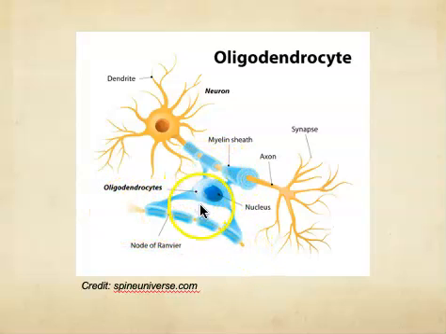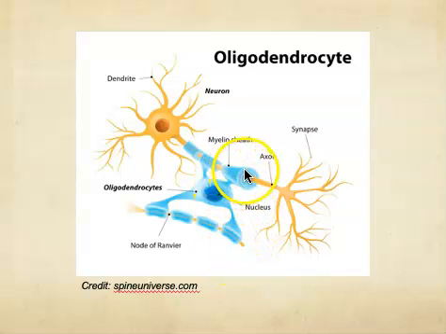The oligodendrocyte, remember, is not a neuron. It is a glial cell. And like the Schwann cell, it's going to secrete myelin. It just does it a little differently. Rather than sitting over and around the axon by itself, what an oligodendrocyte does is send out membrane extensions. And those membrane extensions wrap around the axon.